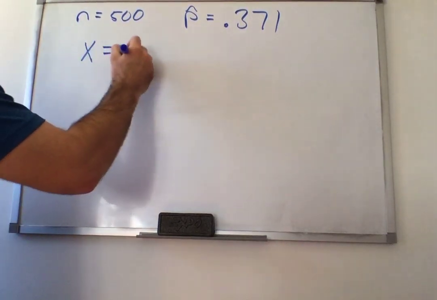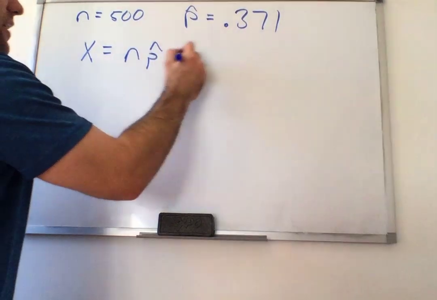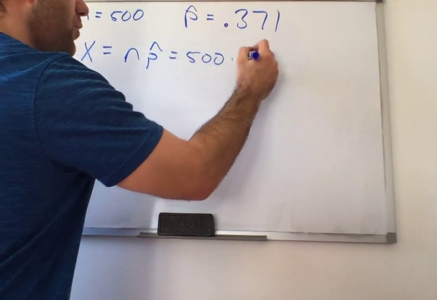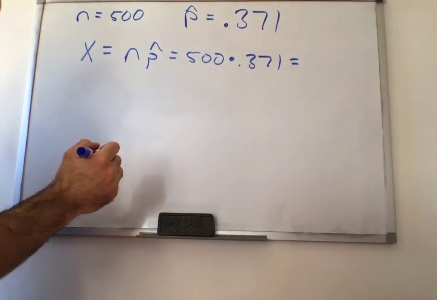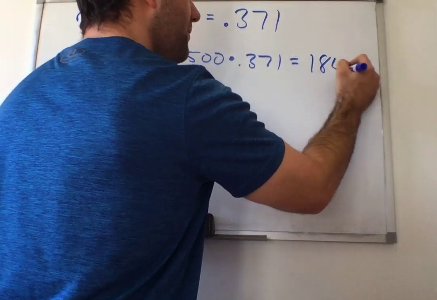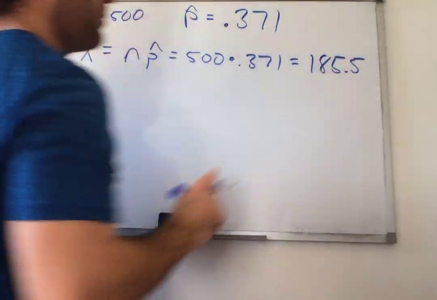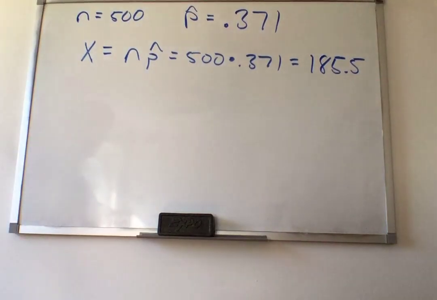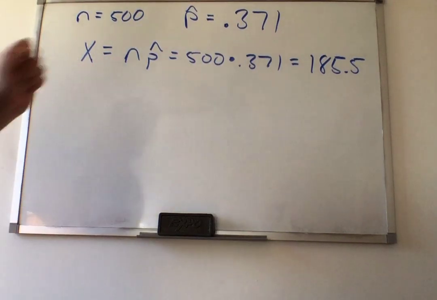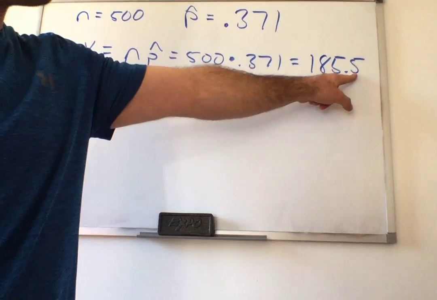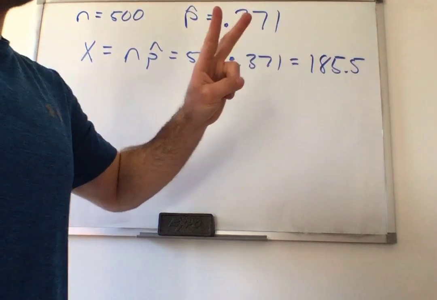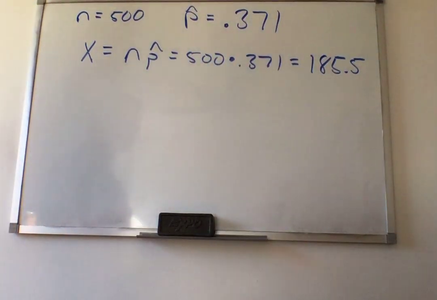So to find x, I take n times p hat. 500 times 0.371 is equal to 185.5. Now, here's where you could think to yourself and think about what x is. X is a number of successes. Can you have half of a success when there's only two options, a success and a failure?